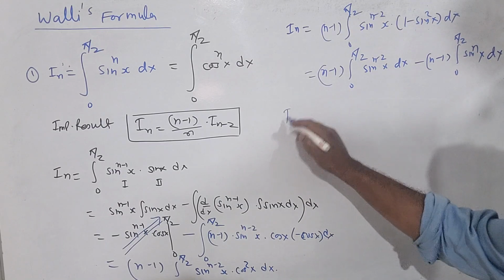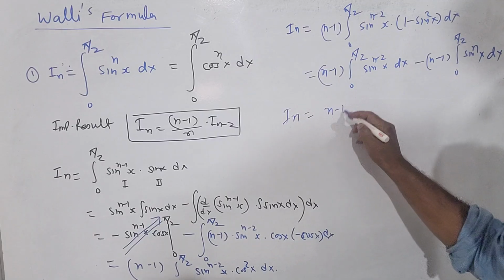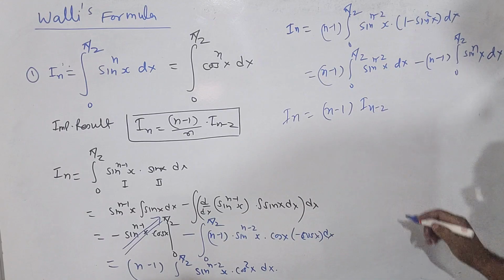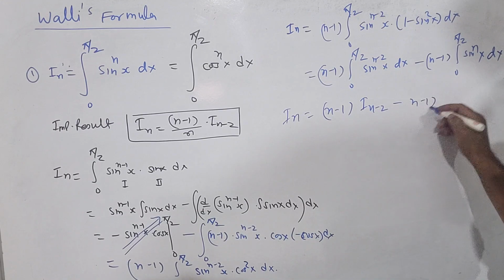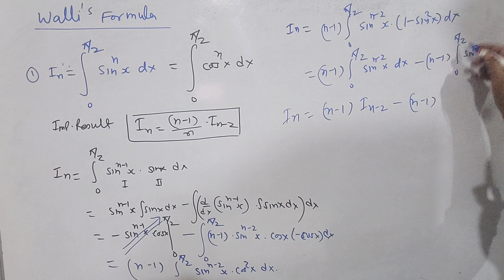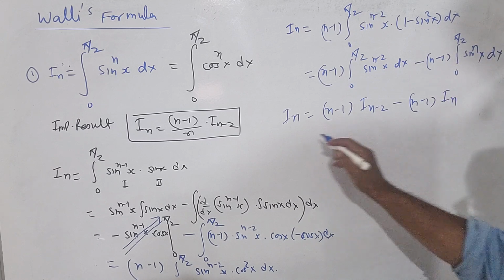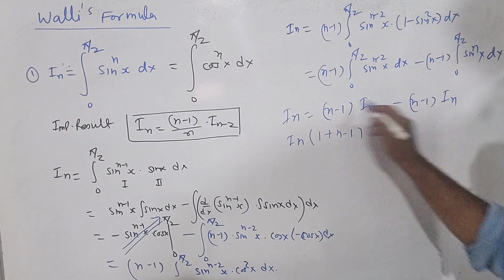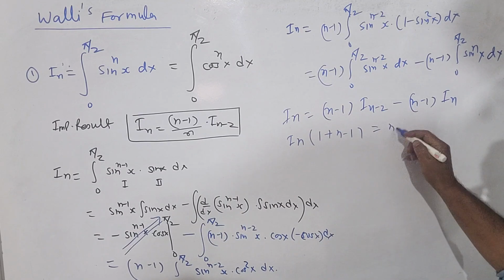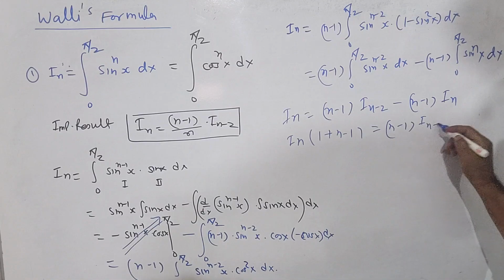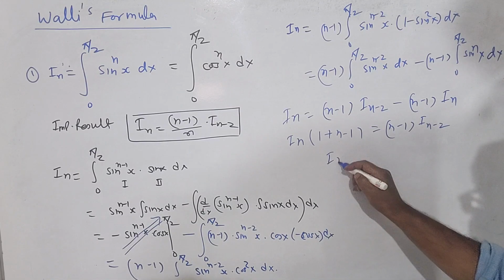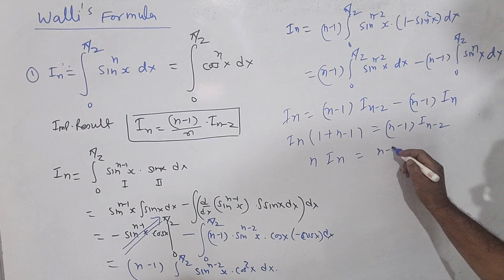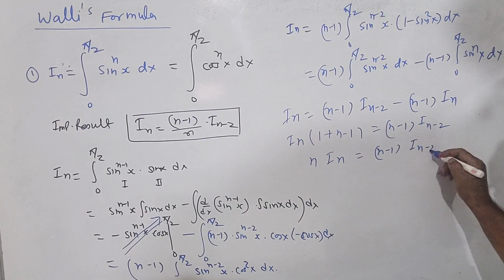So as you can observe here, this is n minus 1 into I(n minus 2), and this is minus n minus 1 into integration of sin to the power n x from 0 to pi by 2, which is In. So finally you have In is equal to n minus 1 into I(n minus 2) minus n minus 1 into In. This minus will become plus here, so that In plus n minus 1 times In gives n times In, and that is equal to n minus 1 into I(n minus 2).